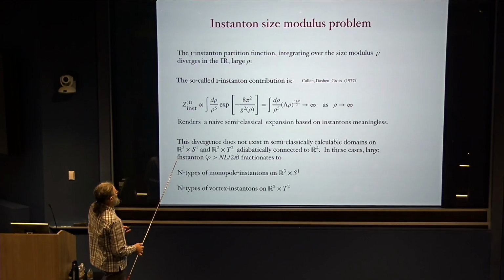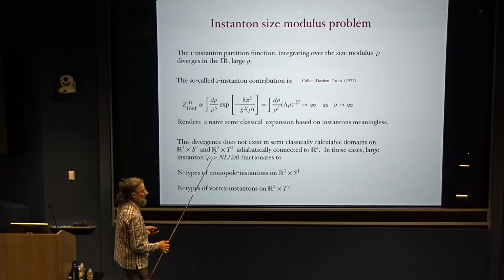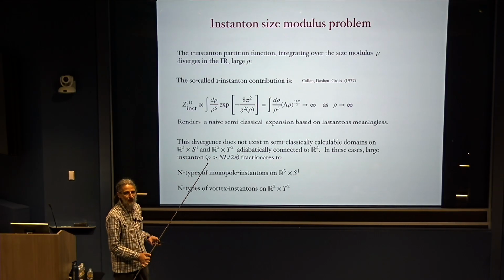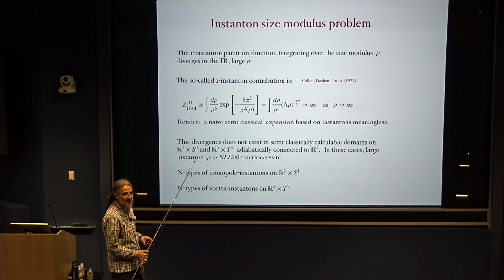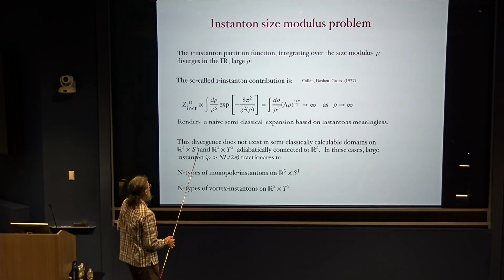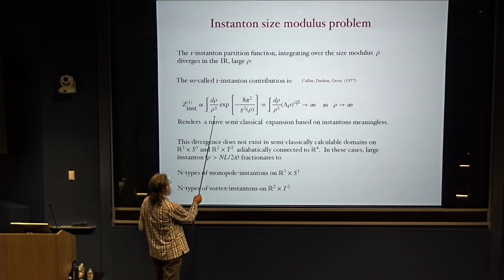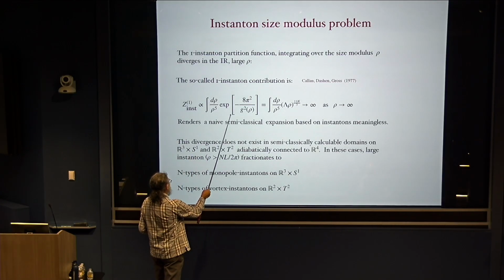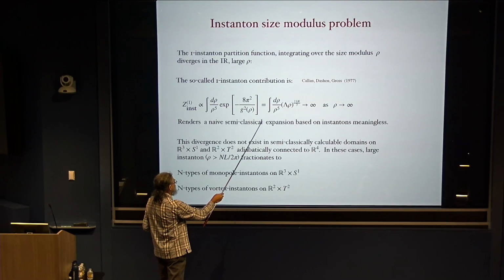But if you go ahead and write down one instanton contribution to the partition function, it does something that at the time looked weird. The contribution comes about, there is this scale factor, and there is this factor coming from running.